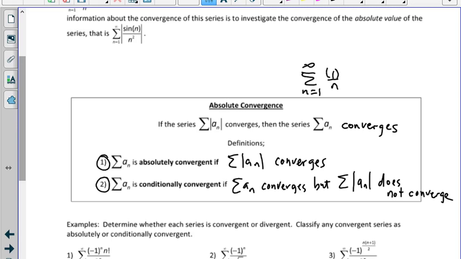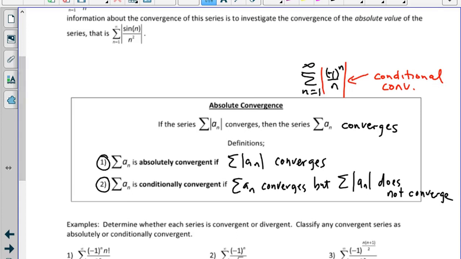But if I change this to -1 to the n over n, that converges. So if I look at this, this would be what we call a conditional convergence. Because if I took the absolute value, I just get the harmonic series, which diverges.